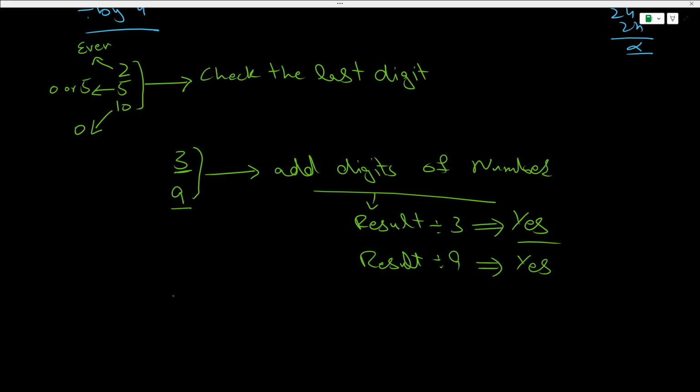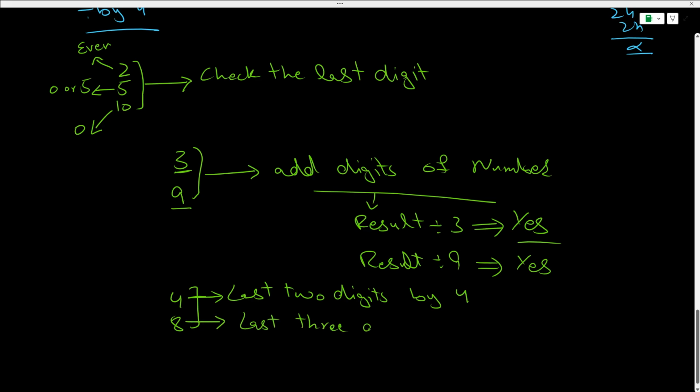Now for 4 and 8, what we do, for 4 we divide the last two digits by 4, and for 8 we divide the last three digits by 8.